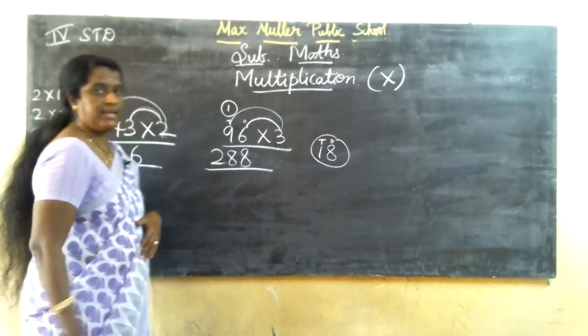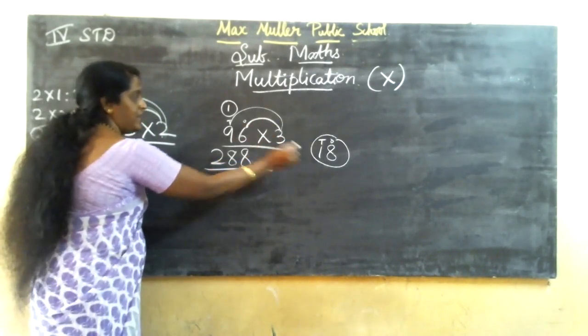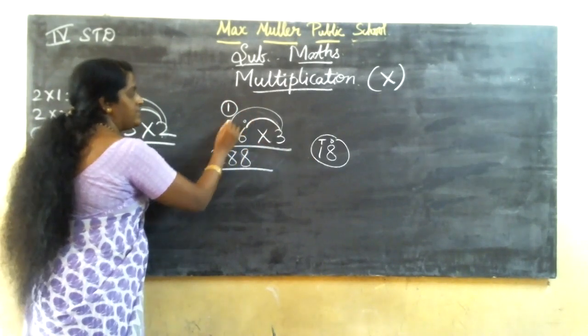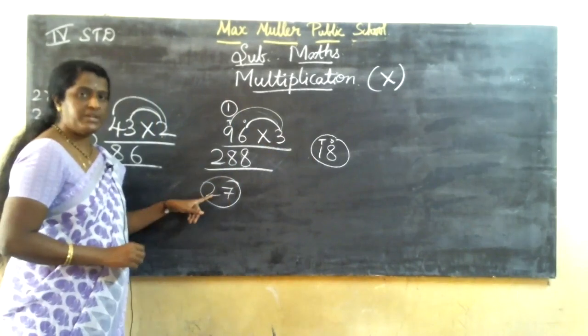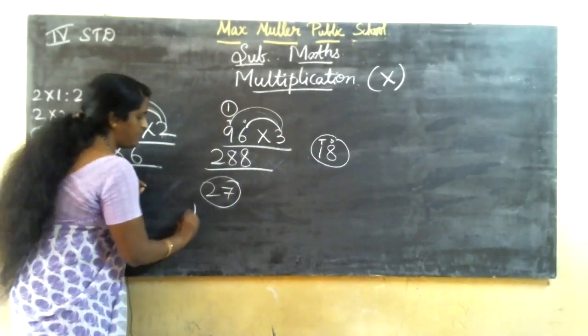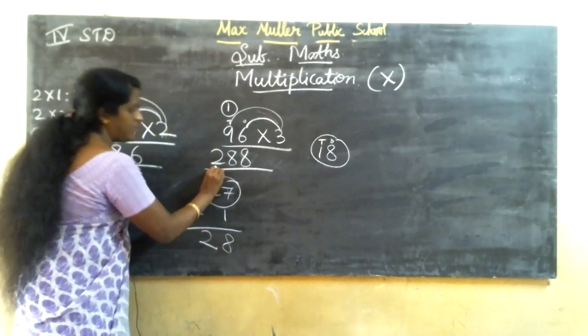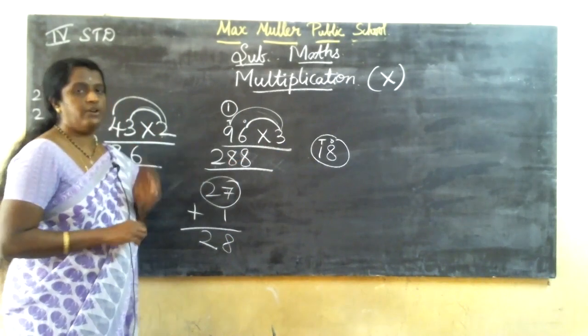Your answer will be like this. See, 3 6s are 18, here 8, 1 carry here. 3 nines are 27, this plus 1: 7 plus 1 is 8, and 2. So I have written 28. Got it, children? 288 is your answer.